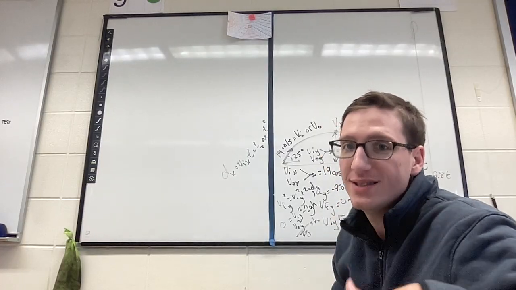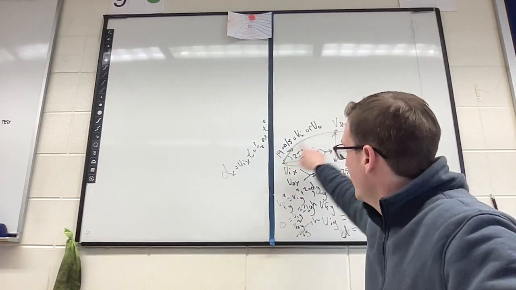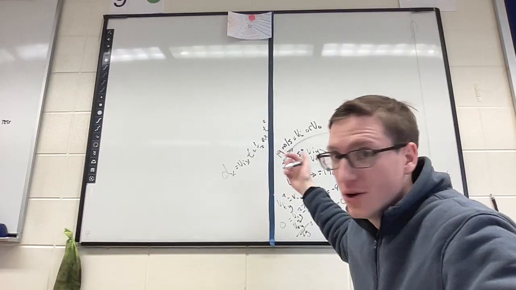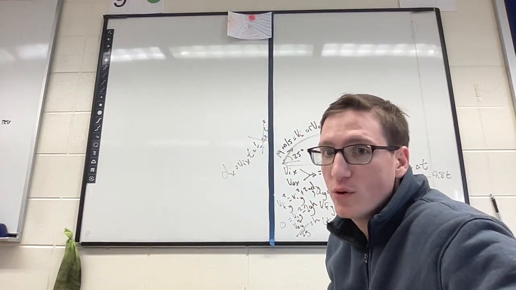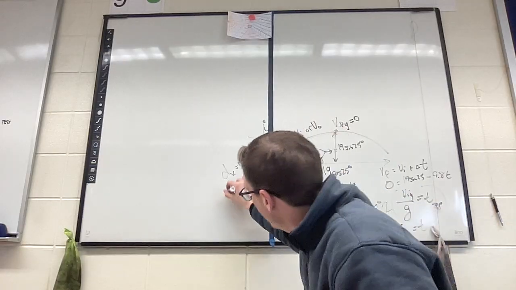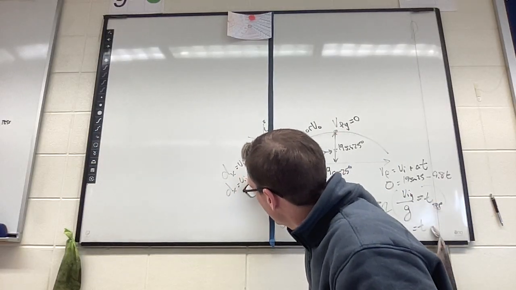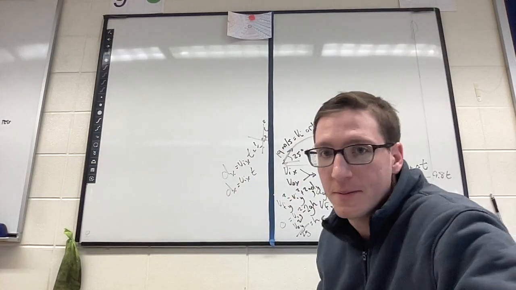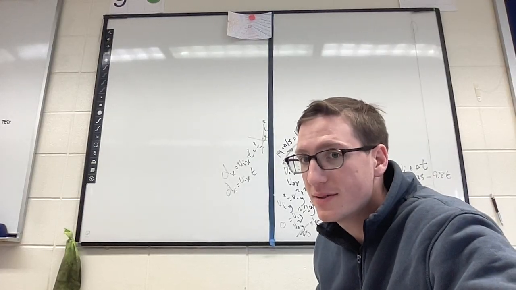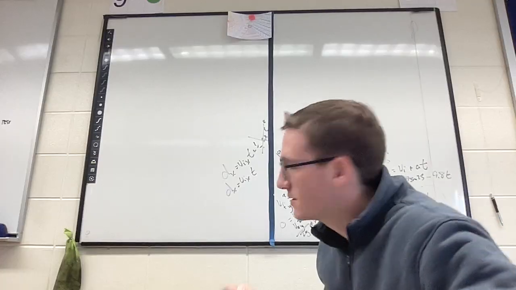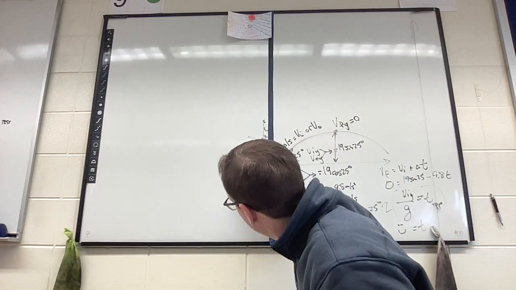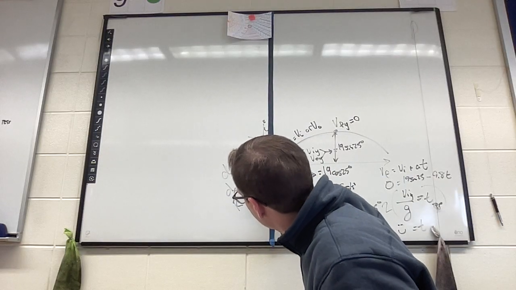Ax is always 0 in a problem like this. So that makes life good for me because ax removes that whole term. And all I'm left with is dx equals v initial x times t. But in the answer key, sometimes they use r, range, to mean dx. R equals v initial x times t.